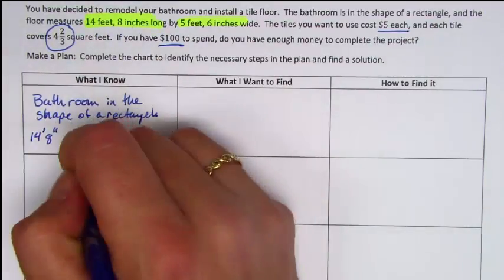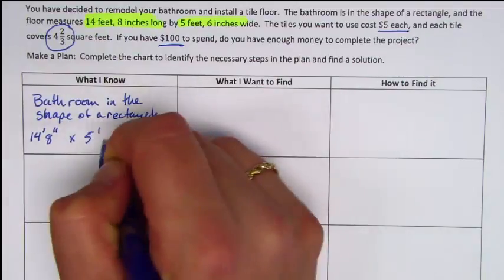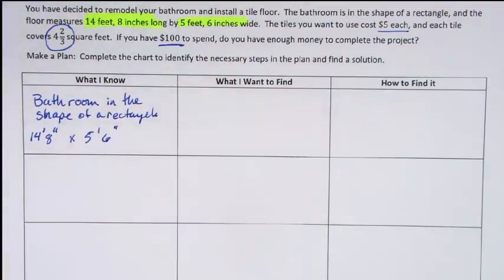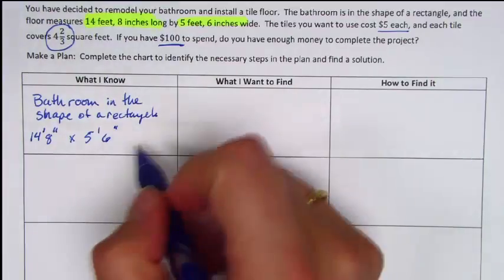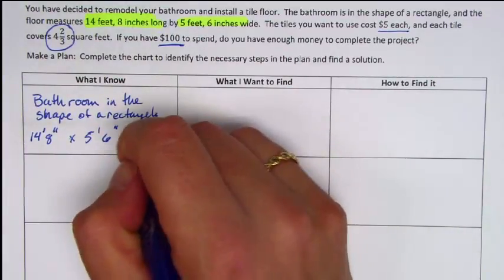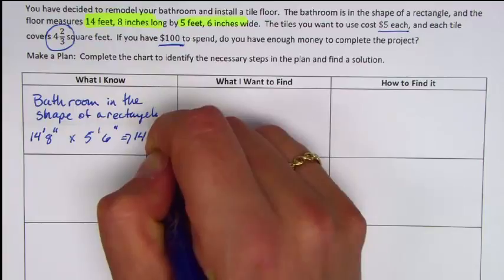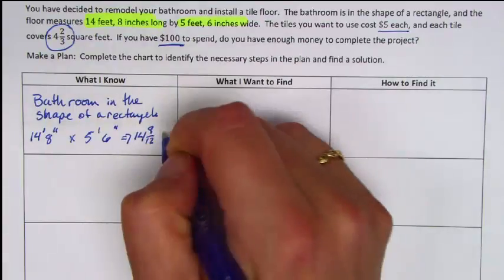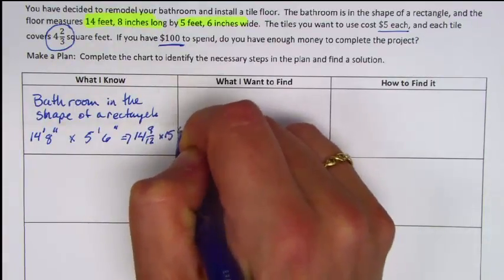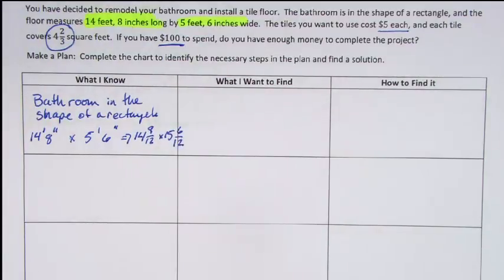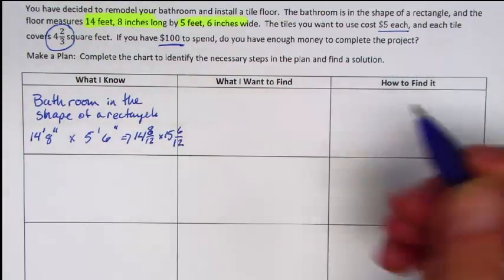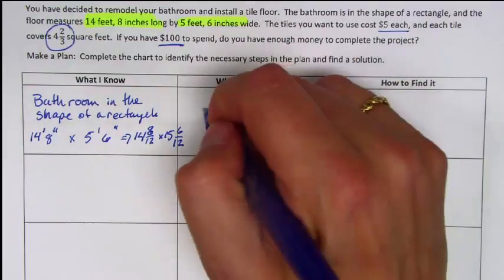And we can turn those into fractions pretty easily. Every foot has 12 inches. So the dimensions in fractional amounts would be 14 feet and 8/12 by 5 feet 6/12. And I want to find the area of the bathroom. That's what I want to find.